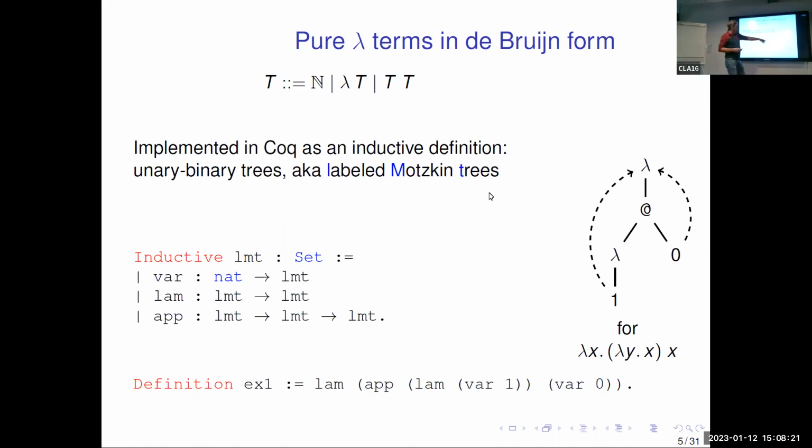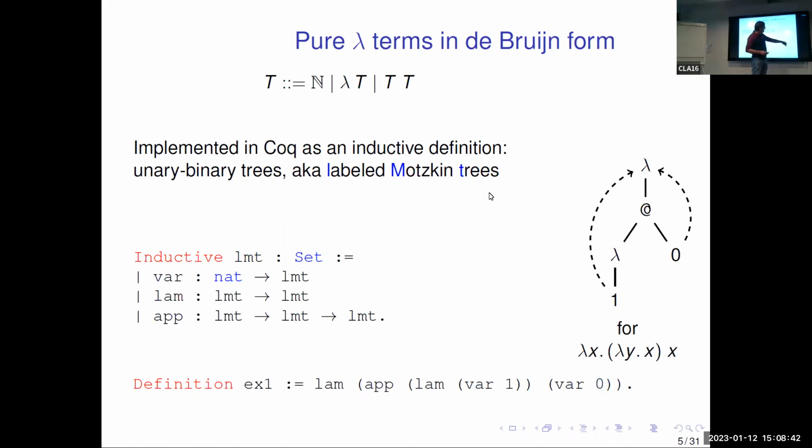And here we have a small example of a very simple lambda term and how it can be represented using this inductive definition. So the lambda term is lambda, and we have an application of lambda 1 to 0.